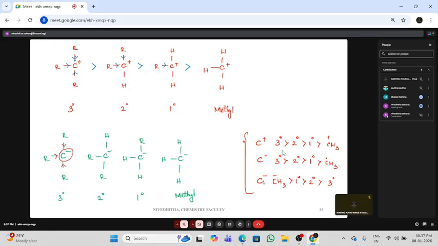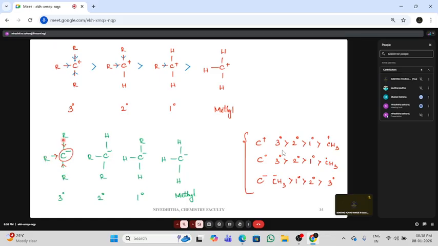Carbanion is electron rich. That is why it is unstable. As far as carbanion is concerned, it has more electrons. That is why it is unhappy. As far as tertiary carbanion is concerned, this negatively charged carbon is attached with 3 R groups.